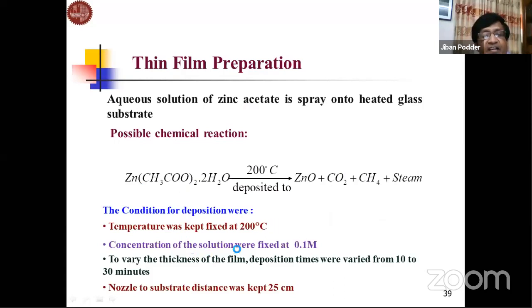We maintained the solutions at 0.1 molar concentration, with 10 to 30 minutes deposition time, and the nozzle to substrate distance is about 25 centimeters. And you see here carbon dioxide, methane and steam are all coming off in the form of volatile products, but the residue remains on the substrate in the form of zinc oxide.